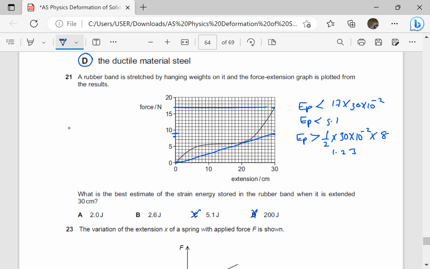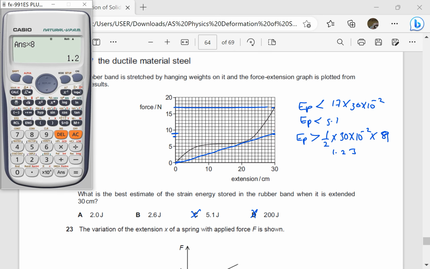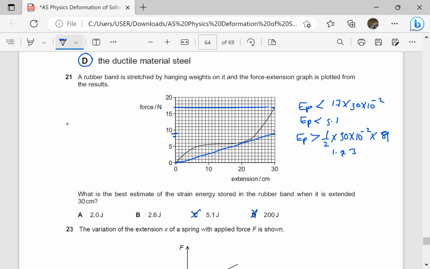No, this is 9. So this is 9. So 0.5 times 30 times 10 power negative 2 times 9, which is 1.35. And when you inspect this area here, you notice that it is almost half of 1.35.